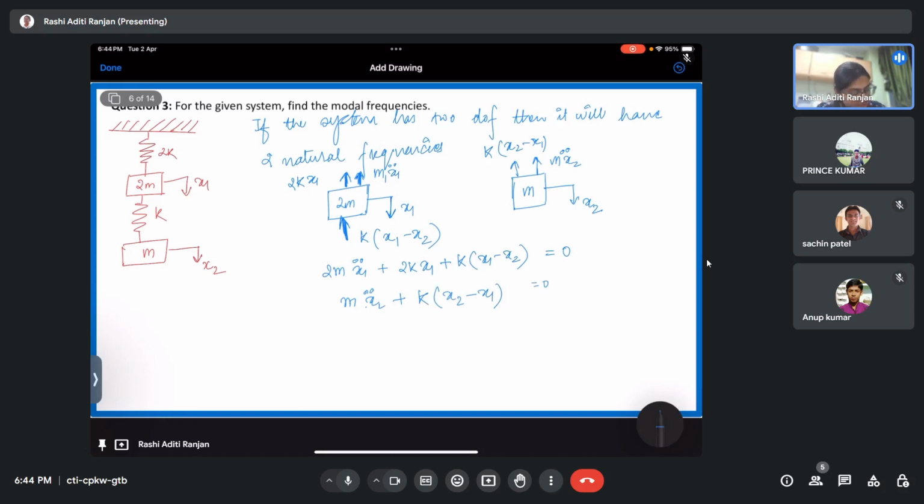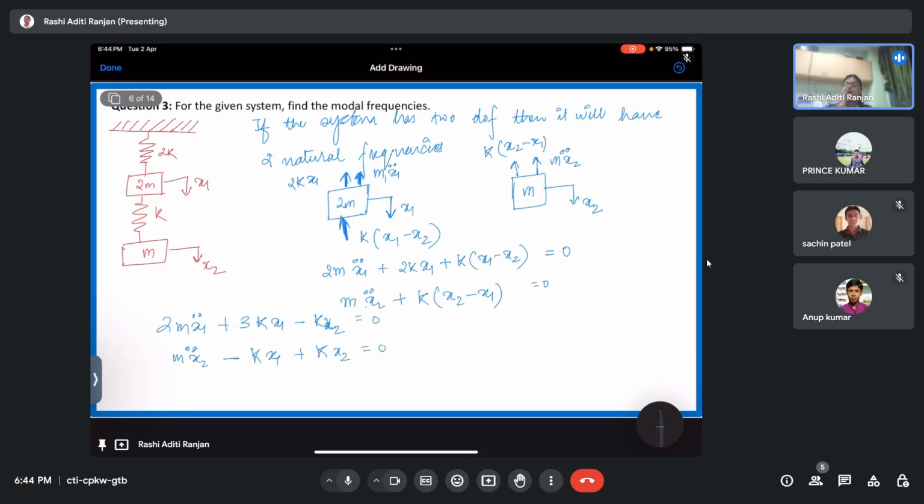This can be further written as 2m x1 double dot plus 3k x1 minus k x2, and m x2 double dot minus k x1 plus k x2 equals 0.